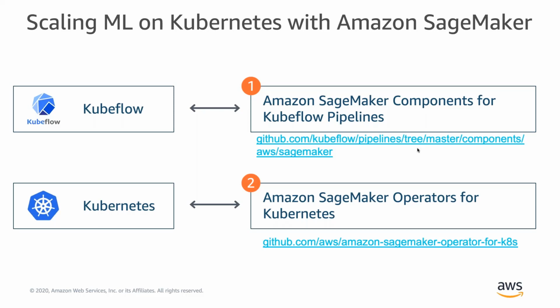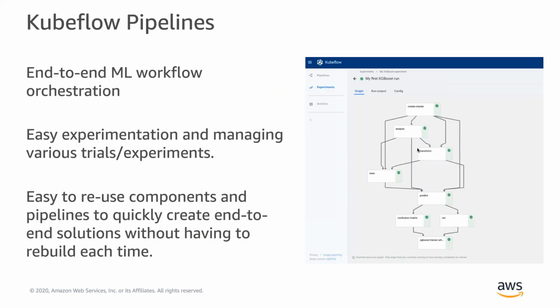If you're new to Kubeflow and pipelines, I'll do a very brief introduction. If you're already familiar, this will be a quick recap. With Kubeflow pipelines, you can design end-to-end machine learning workflows. As we mentioned, machine learning is usually a multi-step process, and there's usually more than one step to go from start to finish. By developing a pipeline where each component performs a specific job, it becomes very easy to manage experiments and trials.